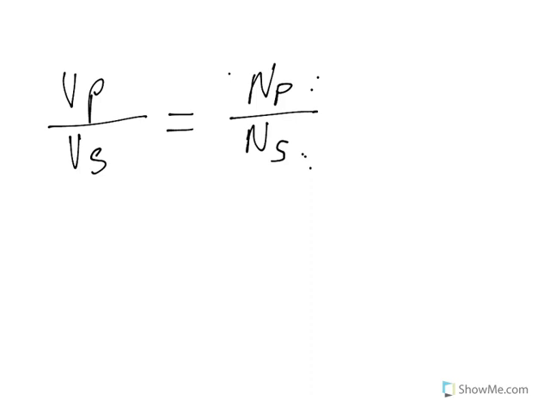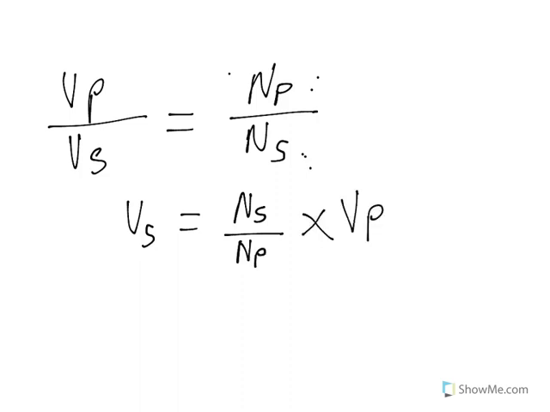If we do a bit of rearranging of this, you find that the voltage in the secondary would be the number of turns in the secondary over the number of turns in the primary times the voltage in the primary. So by adjusting this bit, we can change whether we want the voltage in the secondary to be bigger or smaller than the voltage in the primary.